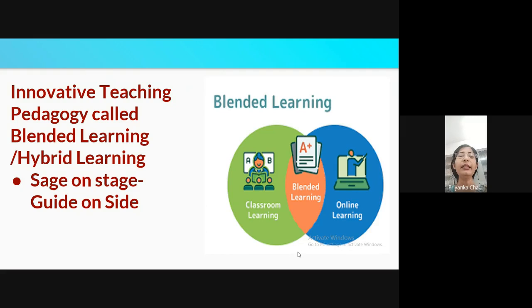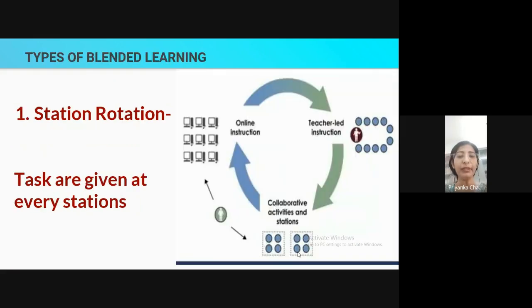There are different types of blended learning. For example, next slide. First is station rotation. Station rotation, as the name itself suggests, at every station there are some people and they are rotating. Suppose there is a class of 60 students. First, the teacher will instruct only 20 students, and then these 20 students will be given some work in a collaborative way.